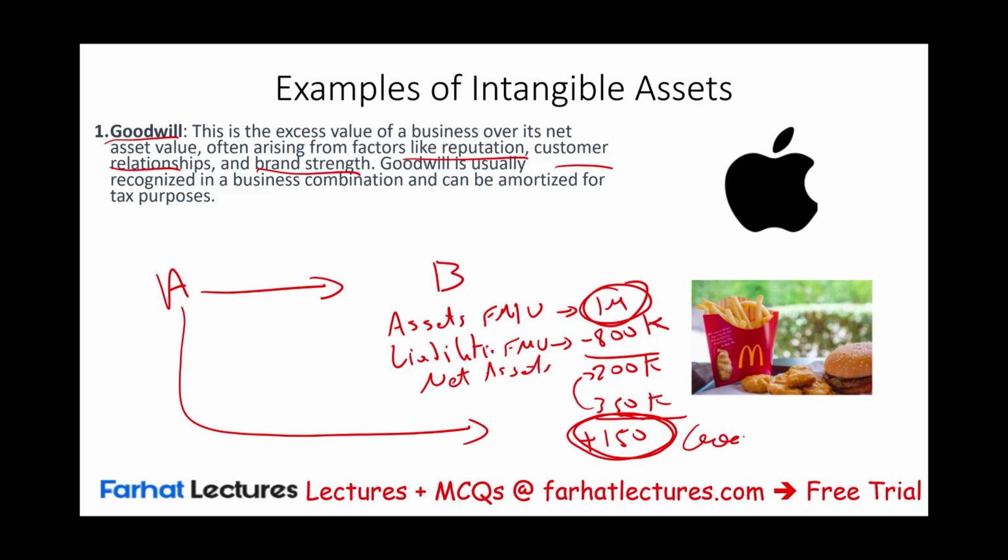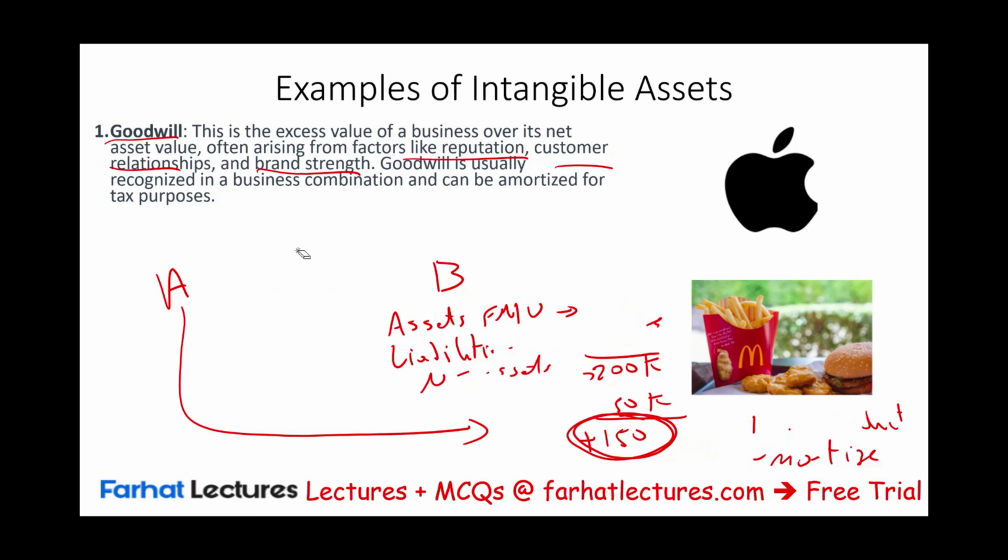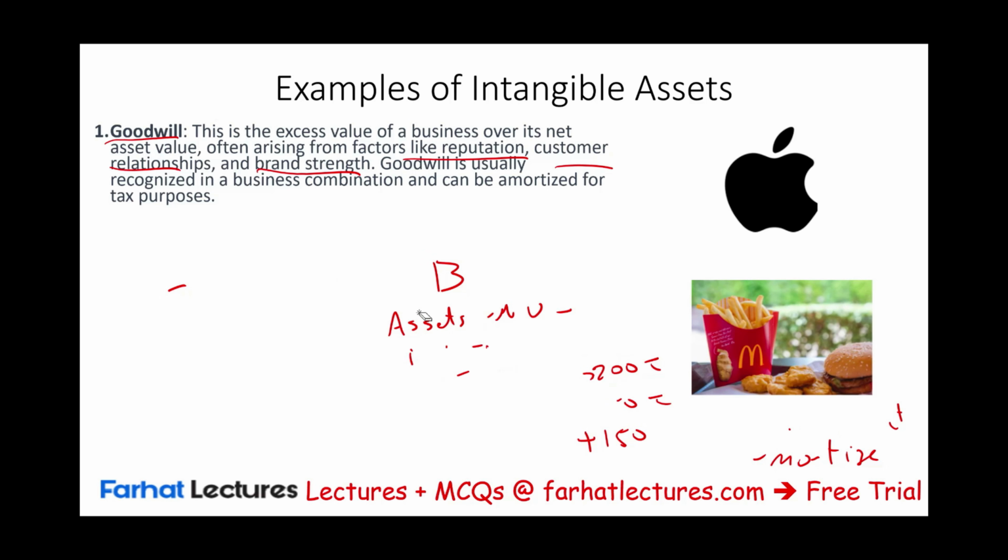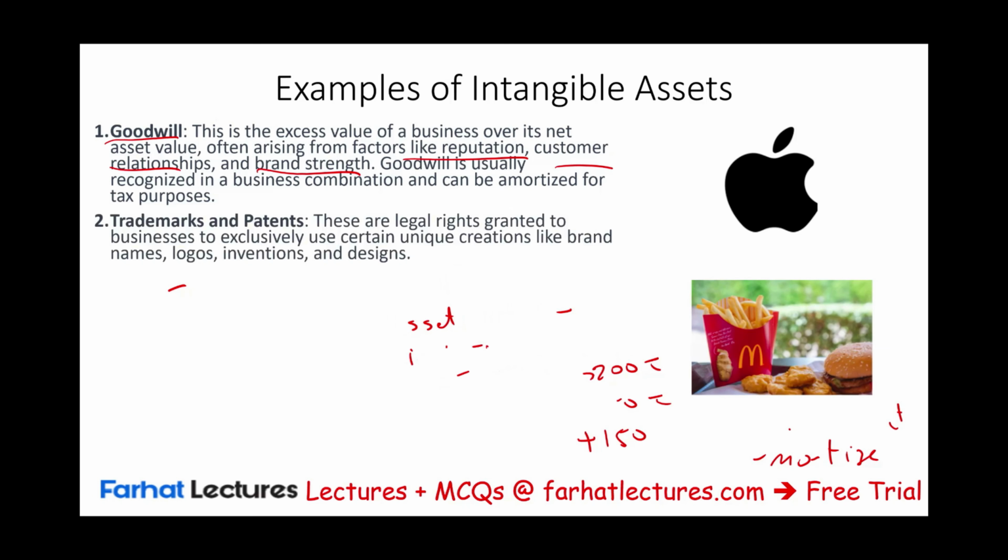This is called goodwill, and you learn about this in your advanced accounting course. What do we do with this goodwill? We are going to amortize. What does amortize mean? It means deduct for tax purposes. So we can deduct this extra money that we paid in the form of goodwill.